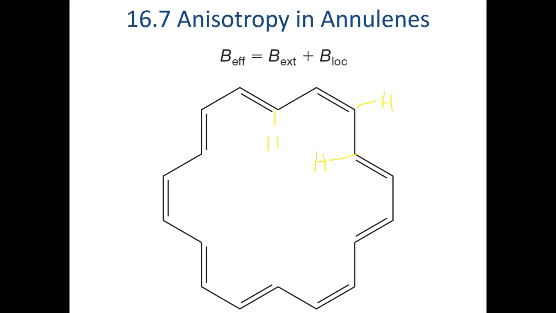Those protons on the inside actually feel less magnetic field rather than an increased magnetic field. And because this ring is so big, we can generate a lot of current, and they can actually be a lot less than we'd expect. So these actually show up as negative shifts to the right of TMS. So it's important when you're dealing with complex systems to understand at least the basics of how this works, because normally you don't even scan in that range because you don't expect to see anything that's shifted negatively.